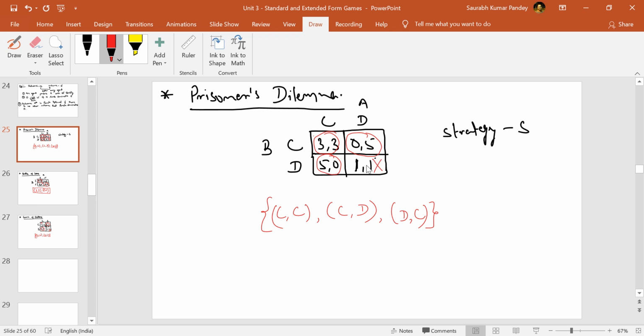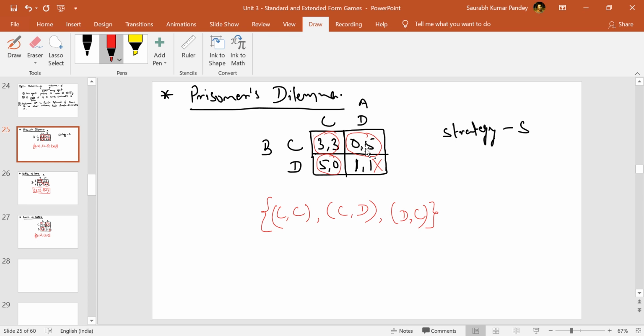So that's why 1 1 is the best solution for Nash equilibrium. However, in the prisoner's dilemma, the Pareto solutions are all three except 1 1. So this also proves our statement that a strategy that is Pareto optimal cannot be a Nash equilibrium and vice versa.